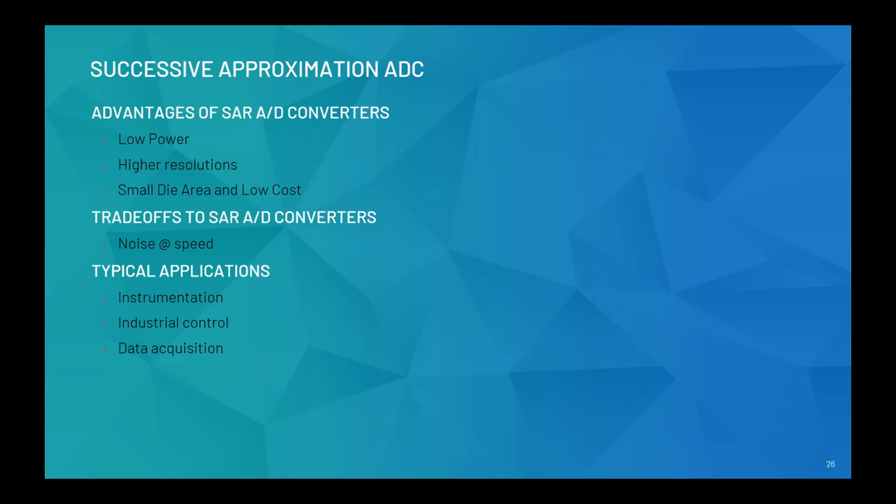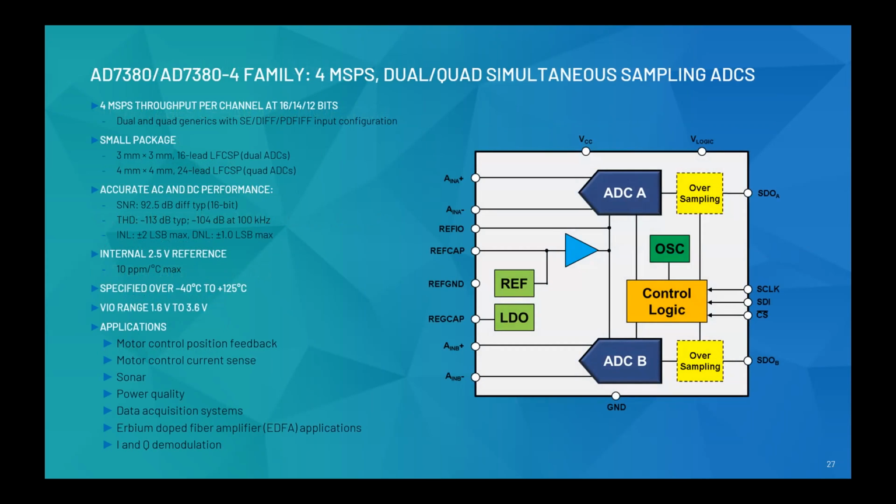Typical applications are instrumentation, industrial control, and any form of data acquisition. Most of your motor control applications or basic 8-bit, 10-bit, 12-bit are mostly these SAR type ADCs. These are also very well integrated inside a lot of microcontrollers available in the market. A particular example I would like to highlight from the SAR architecture is a motor control part, the 7380, which is a very small package part, released about 2-3 years back.